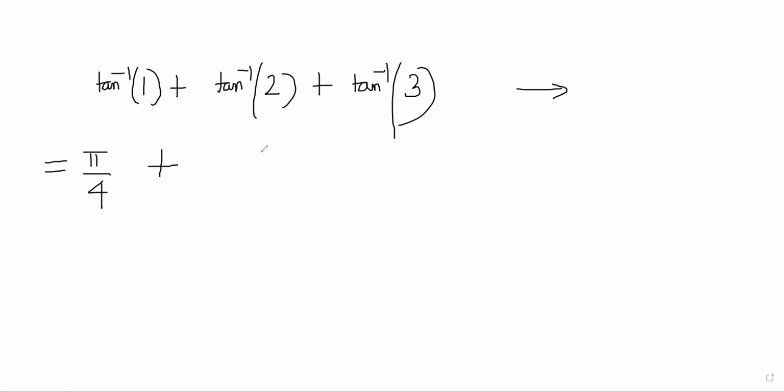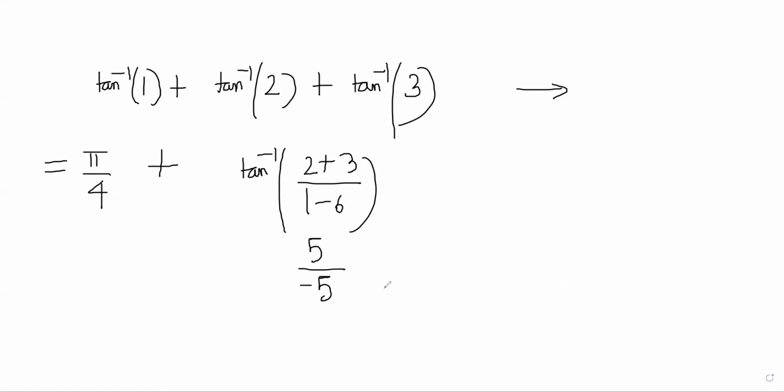When you use the formula, it becomes 2 plus 3 by 1 minus 6, which is 5 by minus 5, so minus 1. Tan inverse minus 1, right? So technically the answer should be minus pi by 4 here, right?